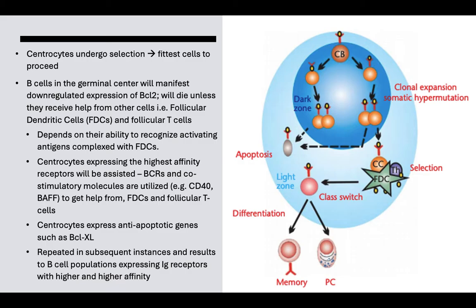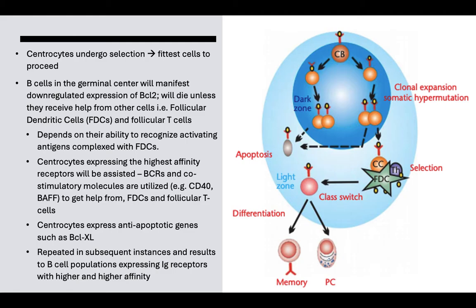So we expect that centrocytes expressing the highest affinity receptors will be the only ones assisted by FDCs and T helper cells. Okay.